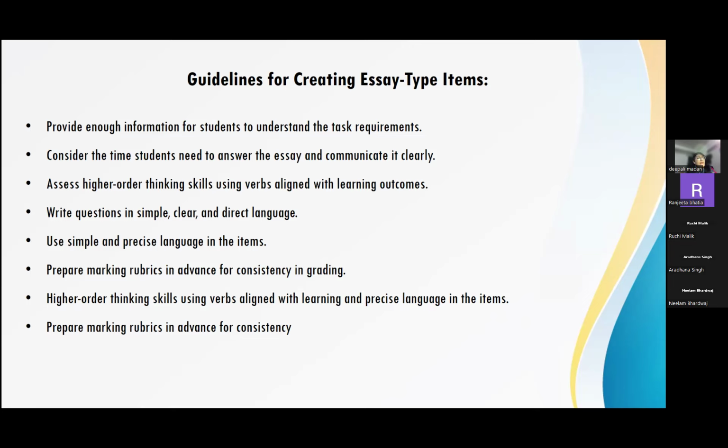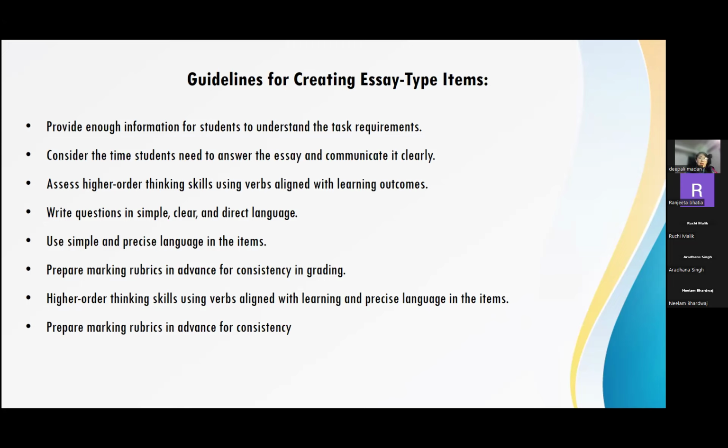Then assess higher order thinking skills using verbs aligned with the learning outcomes. Words we have seen in the Bloom's taxonomy page. So we have to ensure that our paper is balanced in every aspect. We are including all the levels of Bloom's taxonomy.